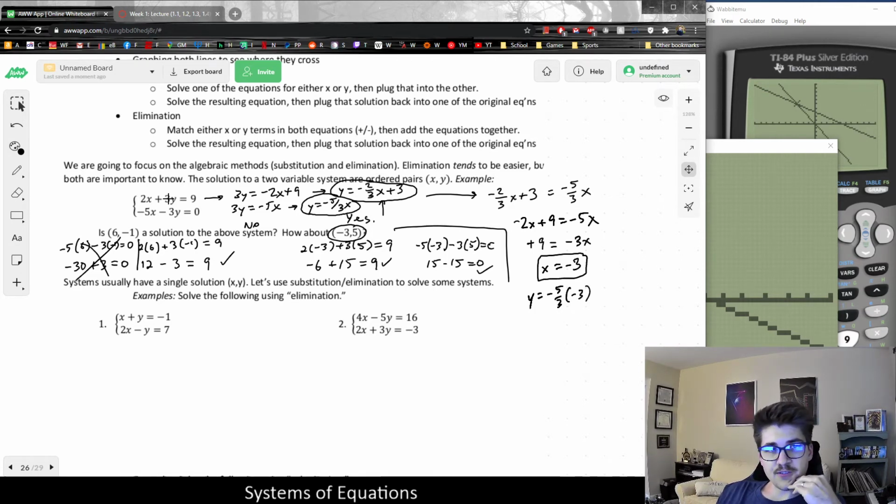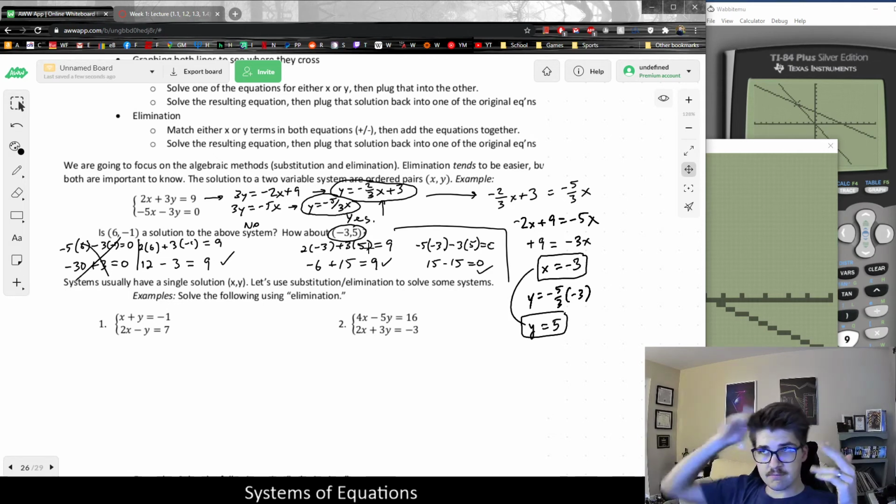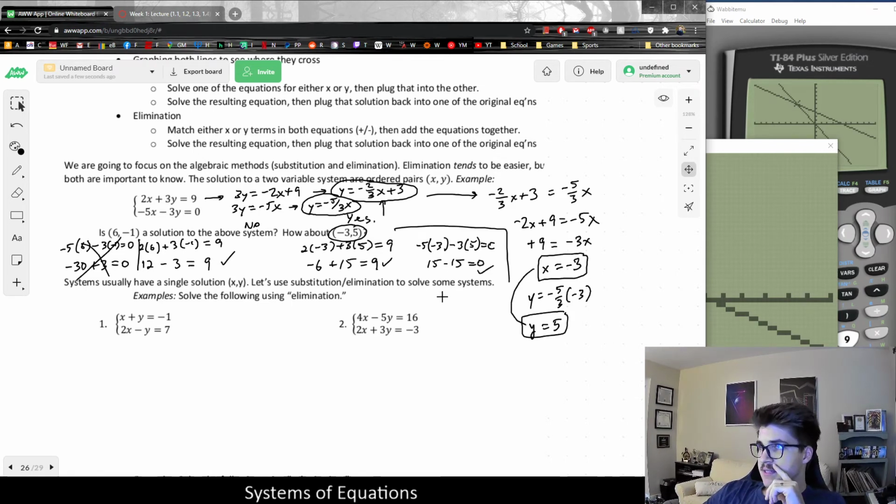And of course, negative 5/3 times negative 3, the negatives will cancel, as will the 3s, and that will leave me with y is equal to 5. And I get the corresponding solution that we already knew about, because we solved it by graphing, or by guessing and verification. But that's the essence behind substitution.